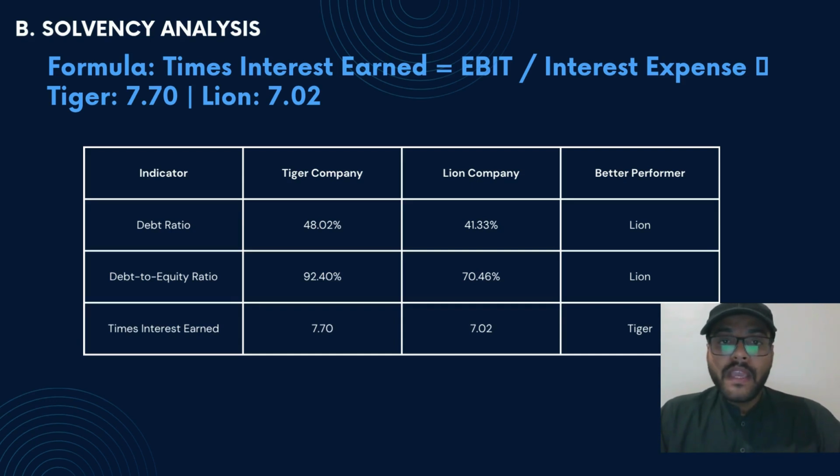Now, if we compare from the table, we can say that Lions company is more solvent. And why is that? Because it has a lower debt ratio of 41.33% and a lower debt to equity ratio of 70.46%. These metrics indicate a more conservative capital structure and lower reliance on debt.